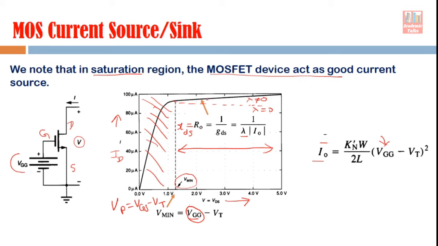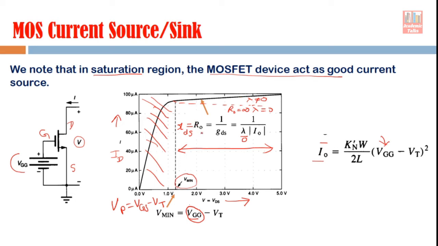So if lambda is 0, your R naught will become infinite and the curve will become flat. So here R naught is infinite, this dotted line, but here in this dark line, R naught is not infinite, R naught is very large.